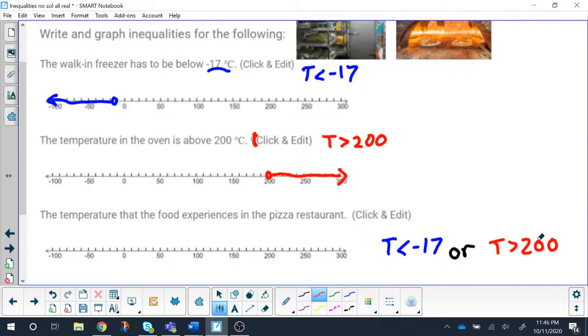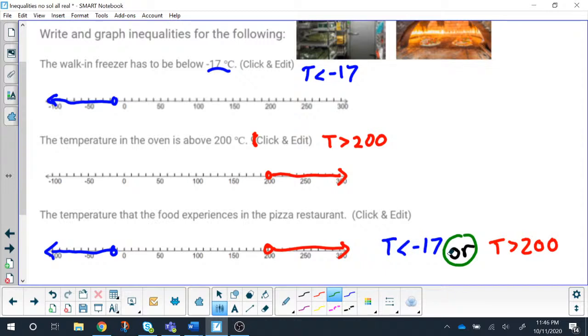So we're putting these together, and you can see just from above, we just put them on the same graph. And that's it. And now we're saying the solution set is in either of these inequalities.